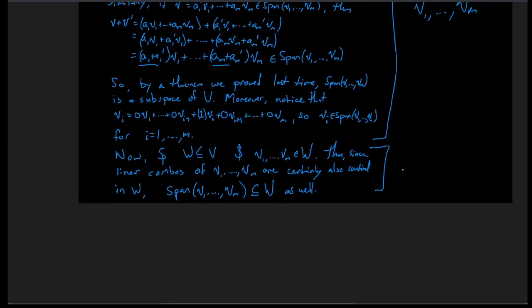This last part is that it is the smallest one. That is, if you pick any other subspace that contains all of the elements on our list, then it certainly contains the span of those elements, since a subspace has to be closed under addition and scalar multiplication, and linear combinations are just additions of scalar multiplications of the elements of the list.